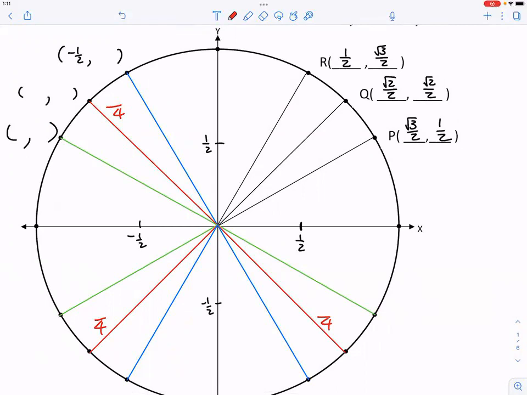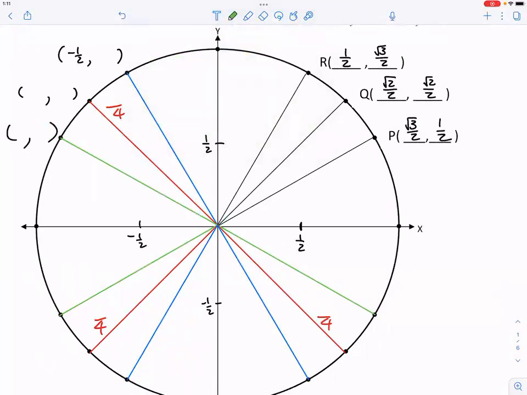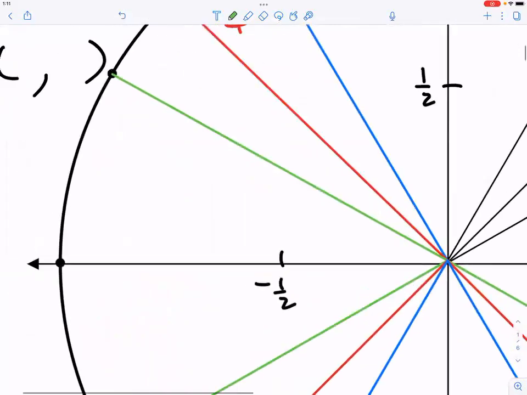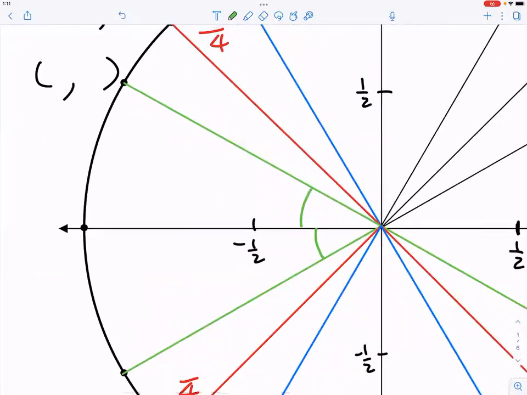And then I want you to look at the smaller reference angle. How do we measure a reference angle? From the x-axis. So I want you to look at the smaller reference angle, which is the green line. Can you see anything in common with all the angles that are close to the x-axis?